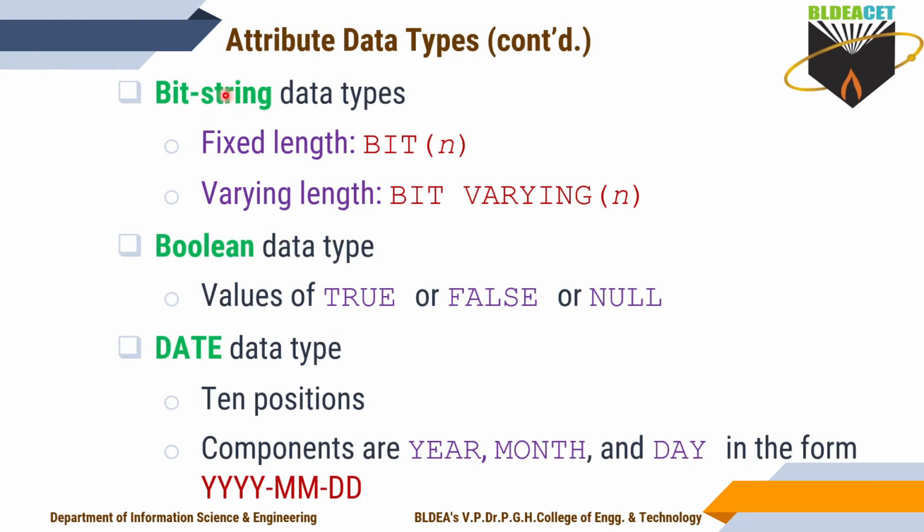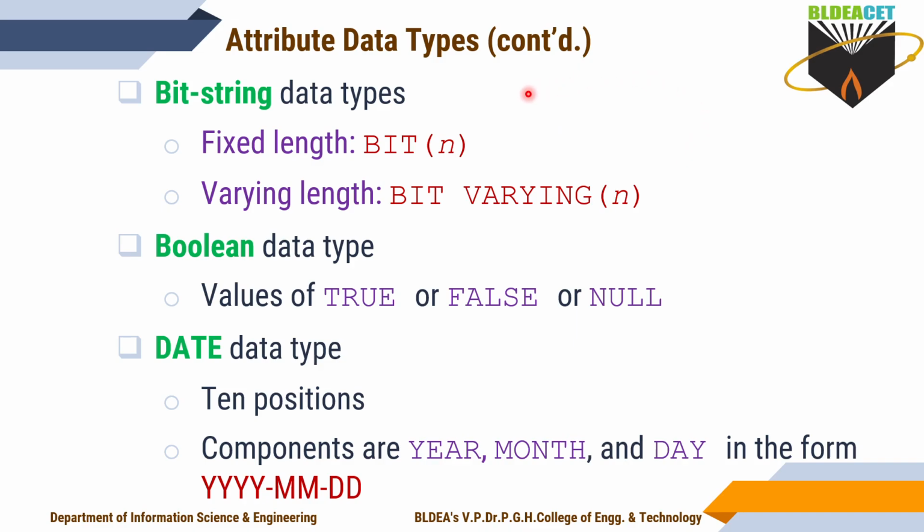Now another type of data type is the bit string data type. This also has fixed length and varying length. If it has fixed length bits, then you take the data type as bit n, and for varying you can use bit varying n. You may have the question, what is the difference between fixed length and varying length? One thing you remember: if you use the fixed length, then that much memory space is fixed.